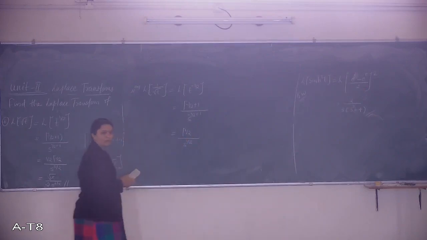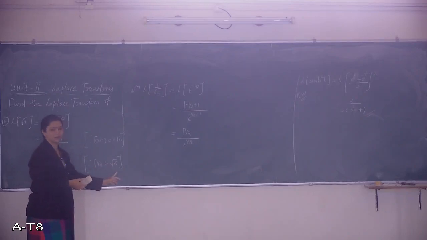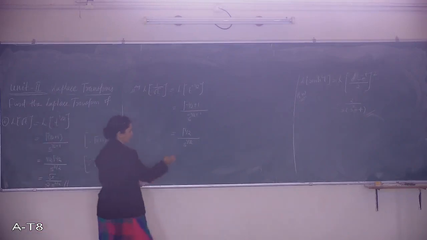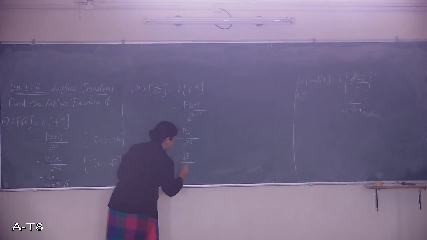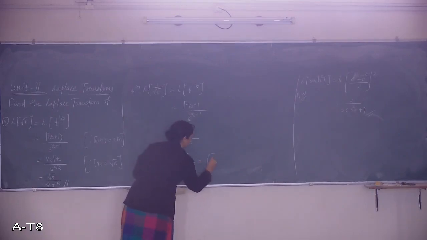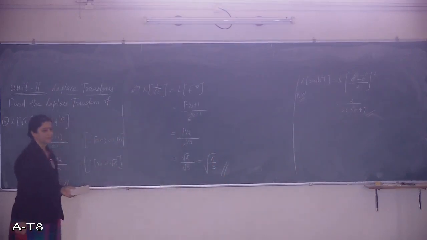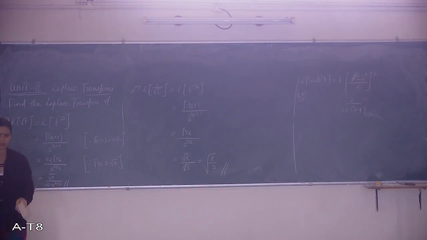Gamma of 1 by 2 is root pi. So this value is root pi divided by s to the power 1 by 2, or together under root, pi by s. So the Laplace transform of 1 upon root t is under root pi by s.